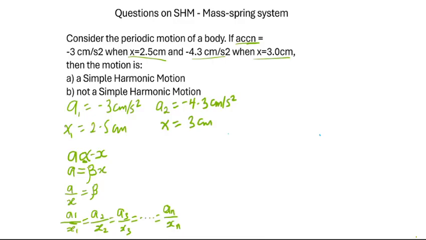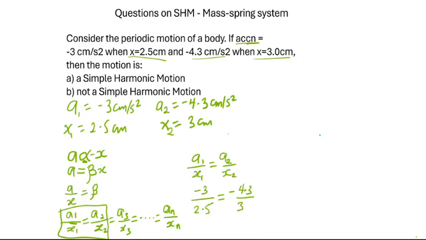And let's now investigate this function. We have a1 over x1. Since we are having only two functions here, a1 and a2, x1 and x2, we are just going to consider the first two parts, which is a1 over x1 equals to a2 over x2. a1 is negative 3 over x1 is 2.5, which is equals to negative 4.3 over 3.